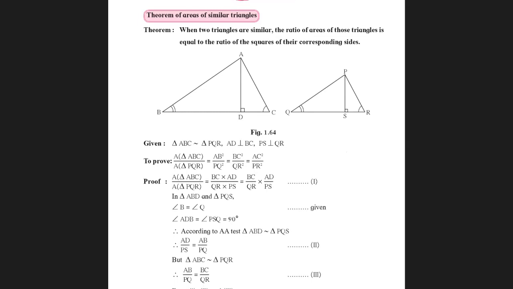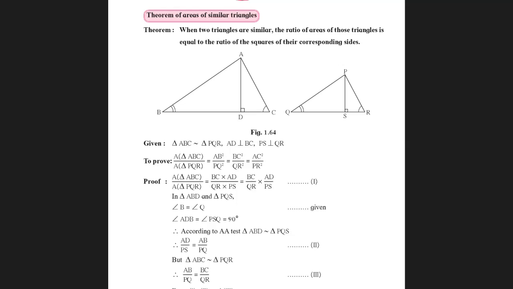Now, consider the next two triangles, triangle ABD and triangle PQS. Are these two triangles similar by some test? Yes. Angle B is congruent to angle Q. What is the reason? It's given, because triangle ABC is similar to triangle PQR, and when two triangles are similar, the corresponding angles are congruent.